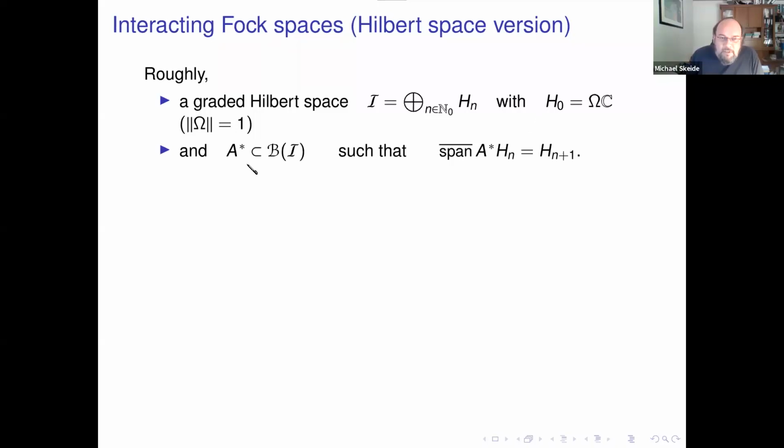And a space of operators on this space, bounded for now, such that what the set A star generates out of H_n is H_(n+1). So these are degree 1 operators, and you can get everything by successive application of these, which are referred to as creators, the elements of the set, by applying creators to the vacuum vector.